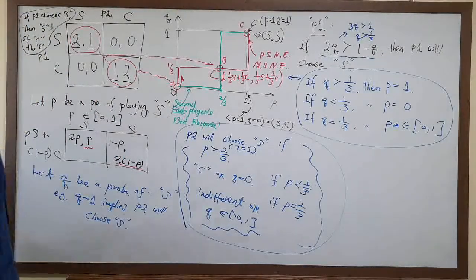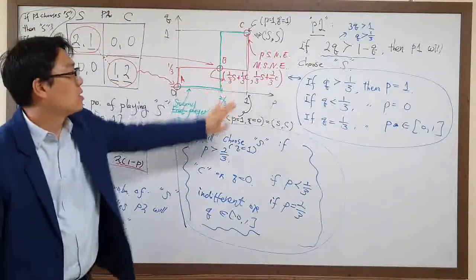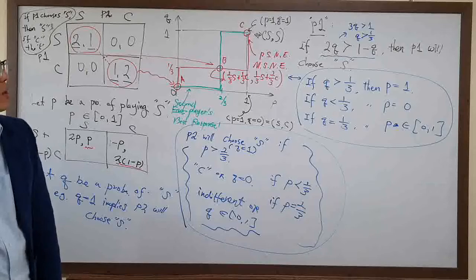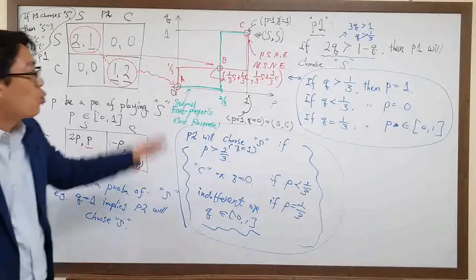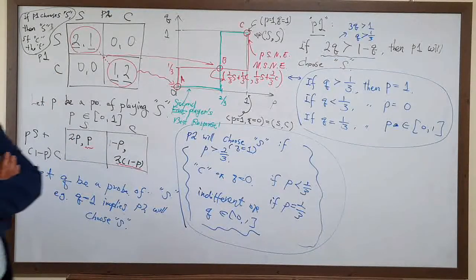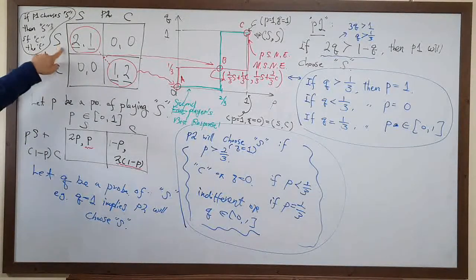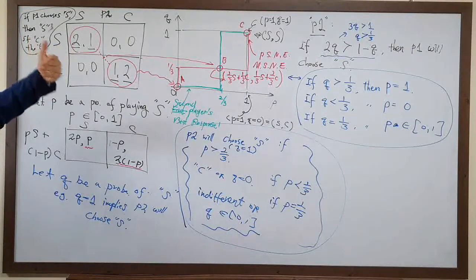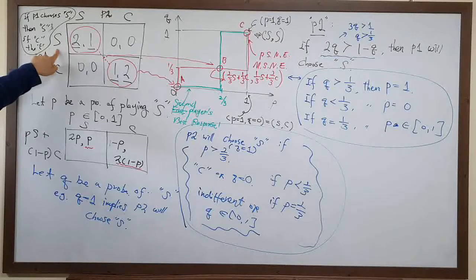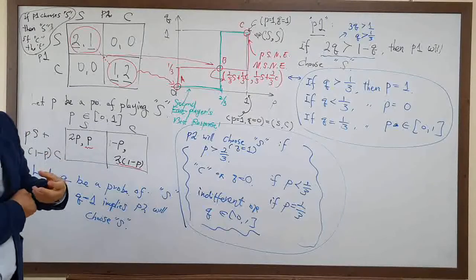Two come from pure strategy Nash equilibria, and one comes from a mixed strategy Nash equilibrium. What does it mean? I don't know where you're going, so I'm going to mix those two. But I'm going to give more weight to playing S, because when playing S, it will give me more payout.